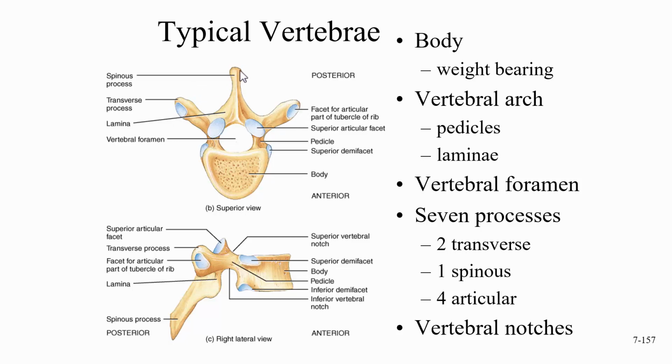And then we have 4 articular processes. Now these 2 articular processes are on the top, so we call those the superior articular processes. And then we'll have 2 more underneath at the bottom, and you can kind of see it a little bit here, but these would be the inferior articular processes.